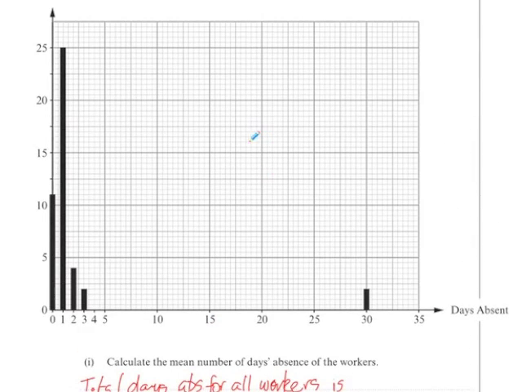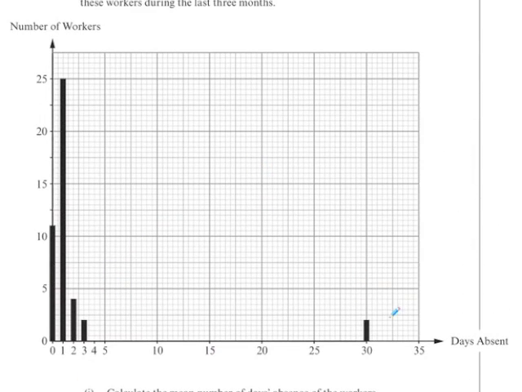out of 44 employees, let's just look at the graph again. So there are only 2 outside of the 0 to 4 range.